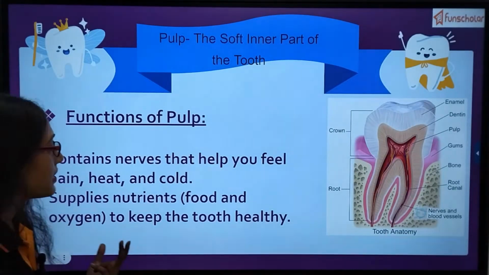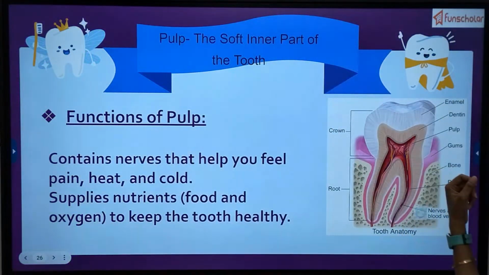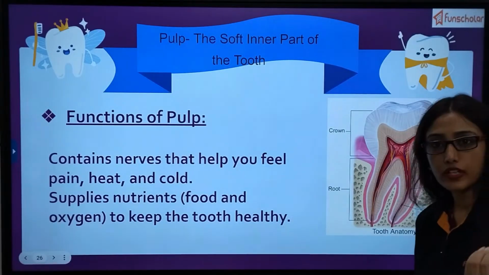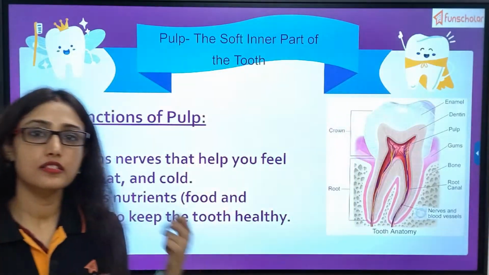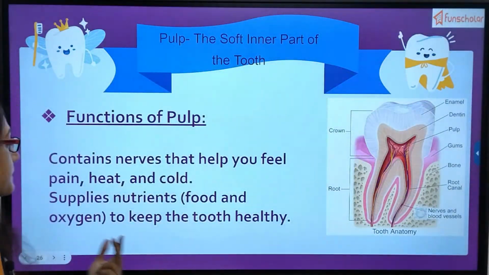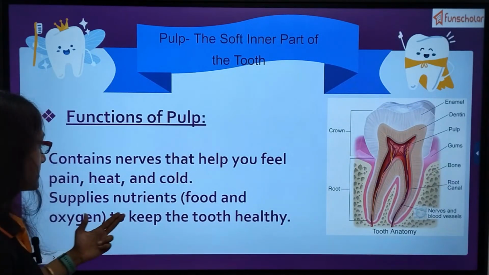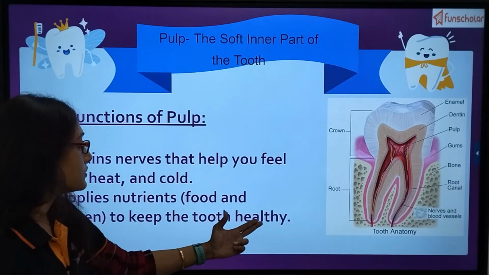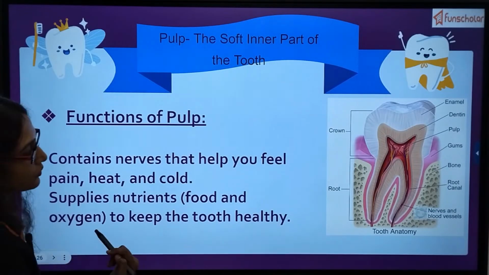So function of pulp is what? If it carries all the blood vessels, then what will be its function? I have already told you, its main function is to supply nutrients to the living cell of the teeth. Clear? See, it supplies nutrition, food and oxygen to keep the tooth healthy, and contains nerves, and that's why you feel pain, heat and cold. Okay.